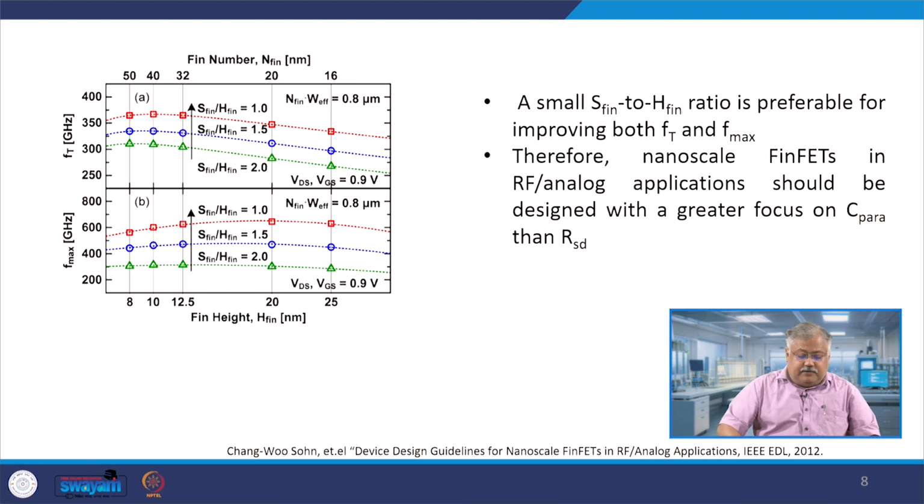That can be seen from the graph on the left hand side, where the fin number is given and you can plot FT and Fmax with various values of fin height. Exactly the same observation which we saw in our previous discussion, and we can say that a reduced S-fin by H-fin will be a preferable solution.